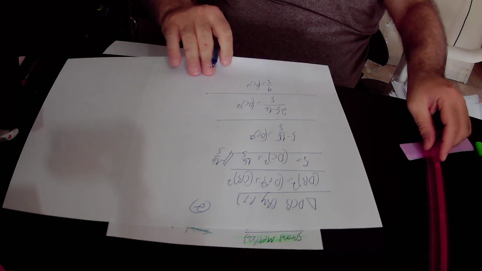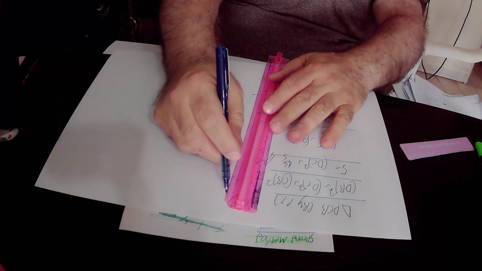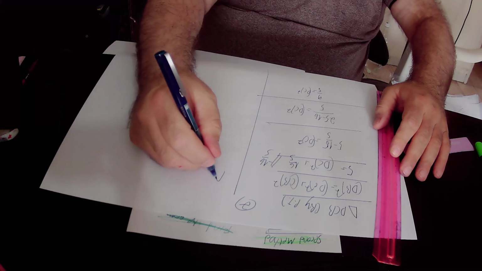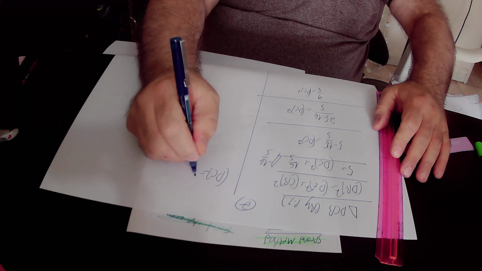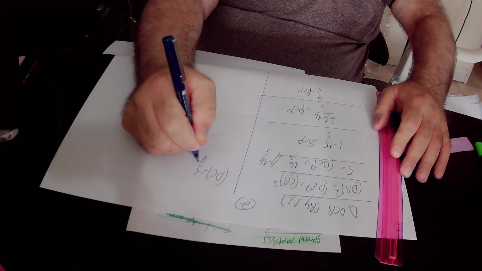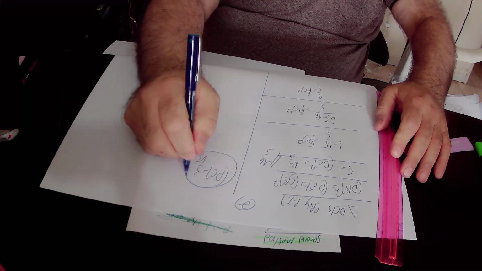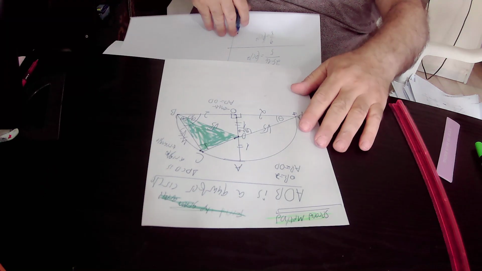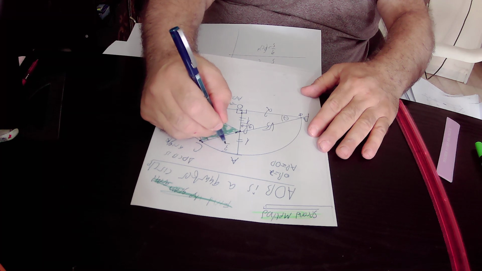We take the root of this equation and we get that the length of DC is equal to the square root of 9, that is 3, over square root of 5. So DC equals 3 over square root of 5.